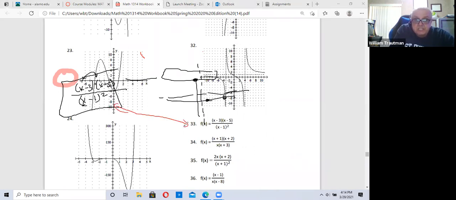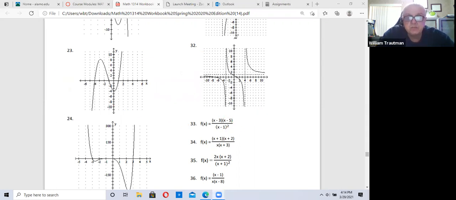Sorry, for y equals 0, the top would have to be smaller than the bottom. Here we have x minus 3, x minus 5, and then you have to have a square on the bottom because y equals 1. The horizontal asymptote equals 1. Since this is x squared on the top, we have to put x squared down here on the bottom because the powers have to match up.